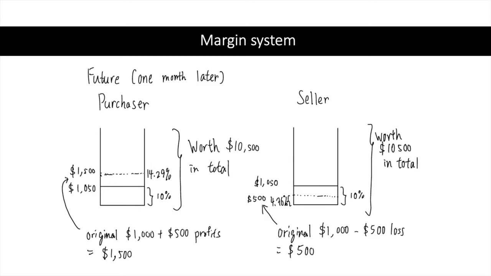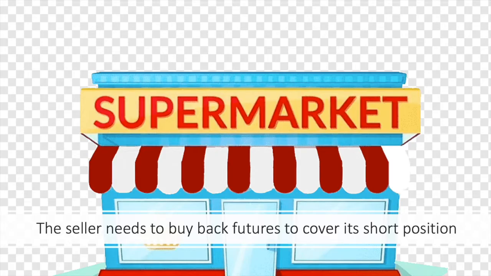So there is a requirement for the seller to deposit further money into his own account in order to increase the margin ratio up to 10%. If the seller cannot deposit further money into his own account, then the seller needs to buy back futures to cover his own short position.